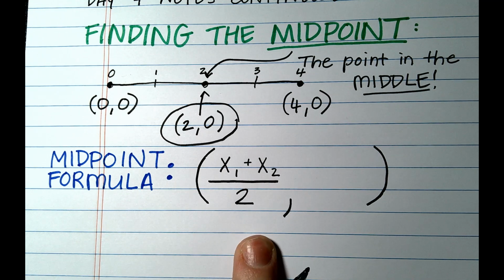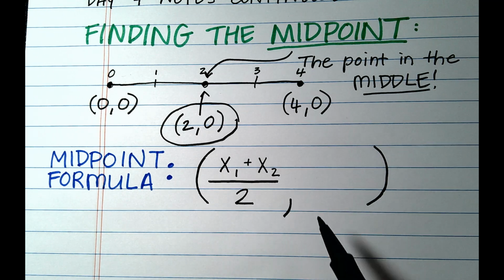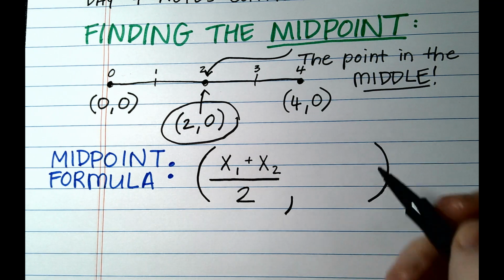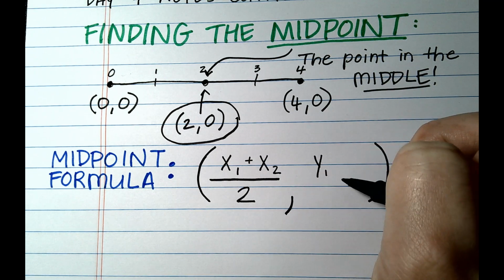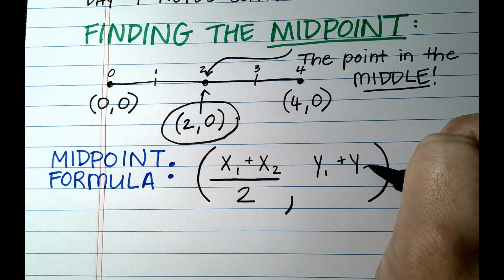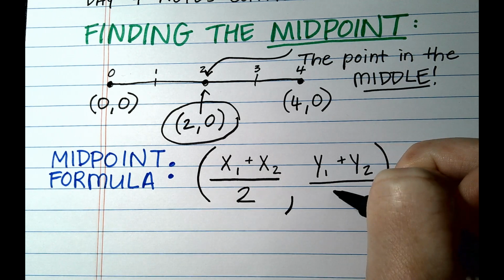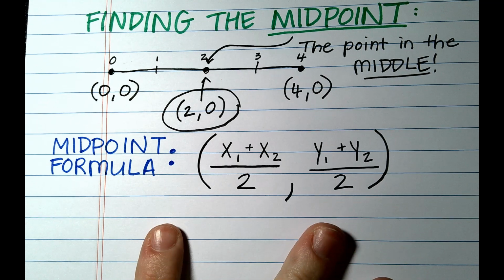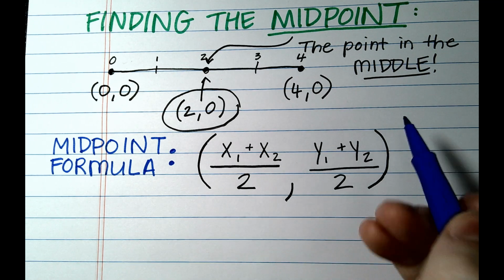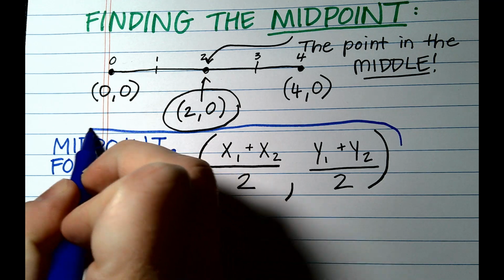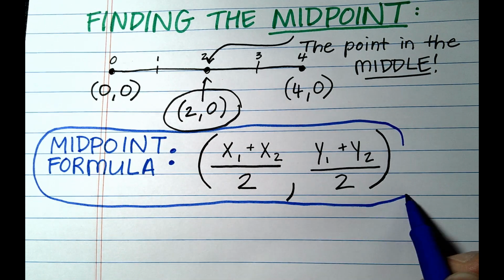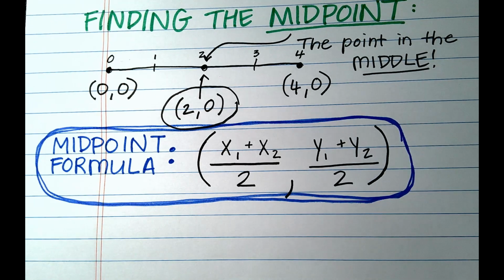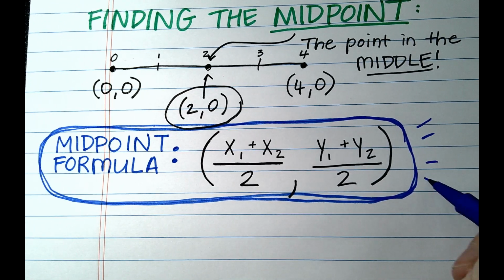That's going to give us our x value. And the y value is exactly the same except for it's with the letter y. y1 plus y2 divided by 2. This is the midpoint formula. And now we can test this formula using that problem above just to make sure it works. Let's do it. This is the formula that we need.